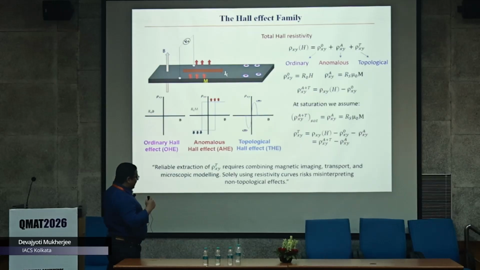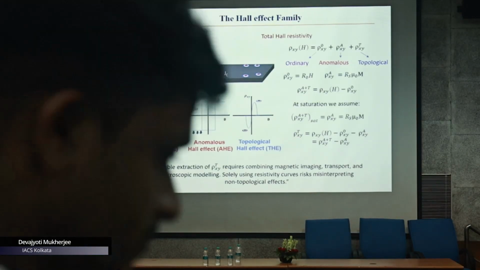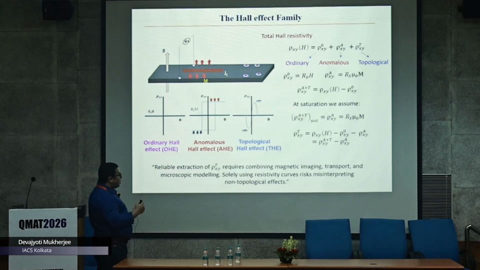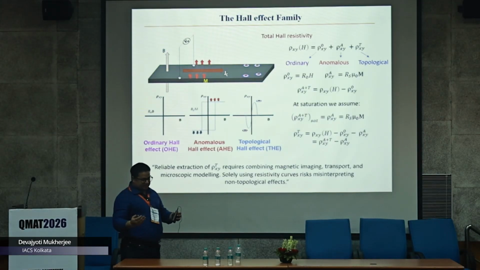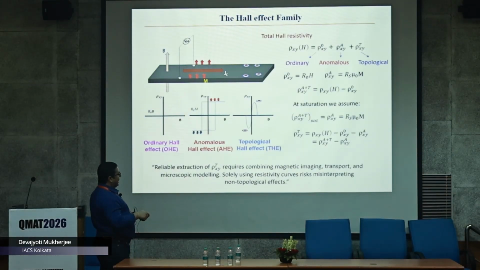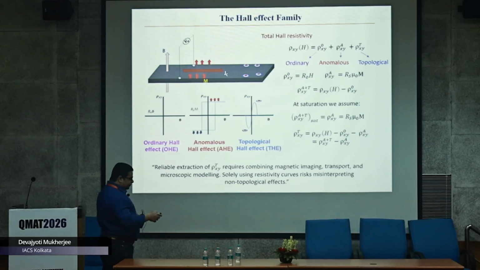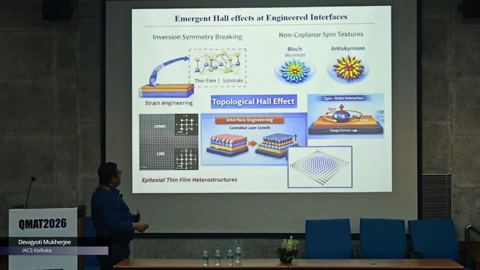However, you have to be very careful, because true representation of topological Hall resistivity can be obtained by direct imaging of these non-coplanar spin textures, because there is a lot of assumptions in these kind of techniques, because you're assuming that the magnetization is directly proportional to this resistivity, which in many cases is not the case. So in our work, we will try to address some of these issues, and I will show you how we achieve topological Hall effect.